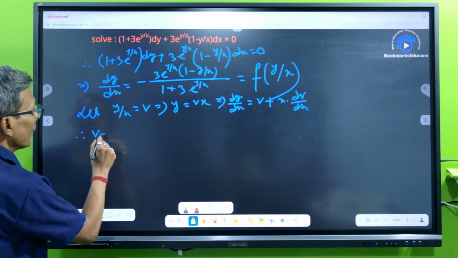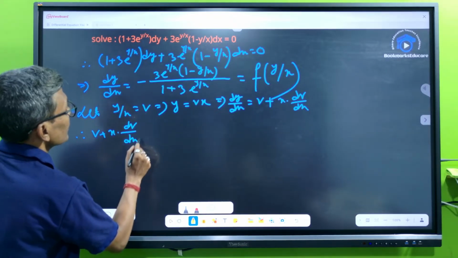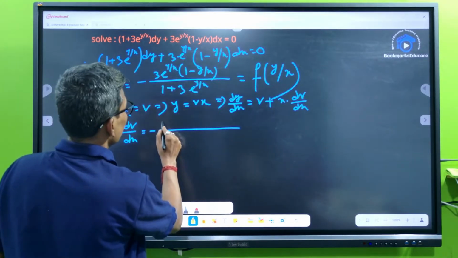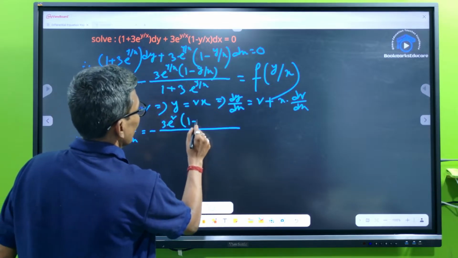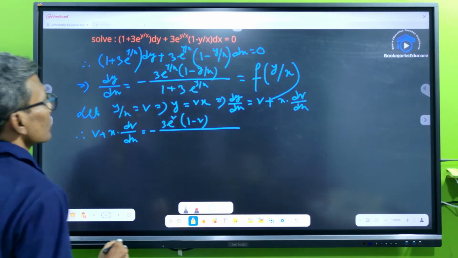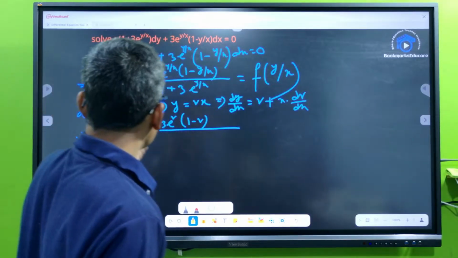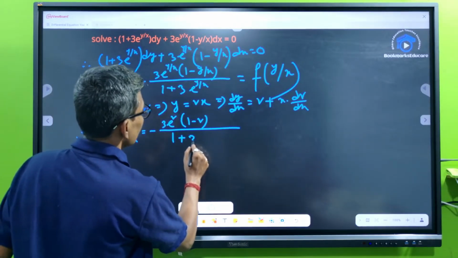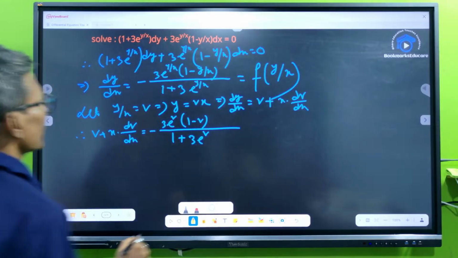So v plus x into dv by dx is equal to minus e to the power v into (1 minus v), because y by x is assumed as v, by 1 plus e to the power v.